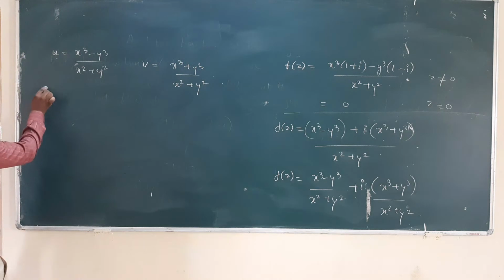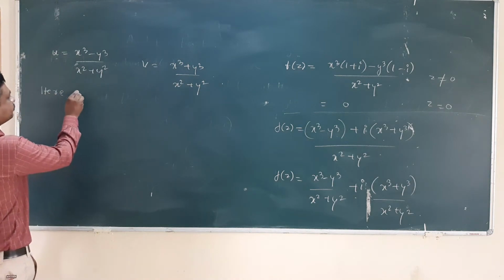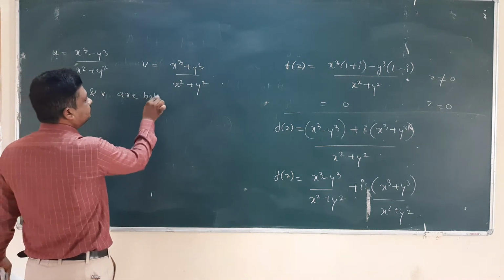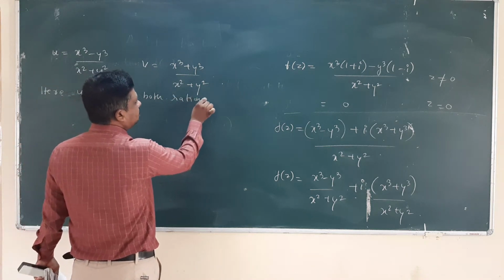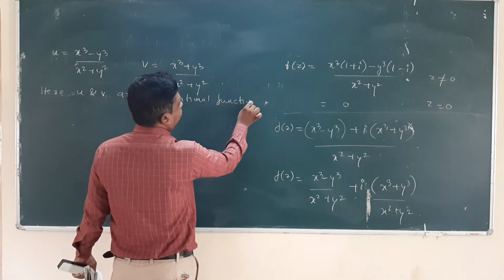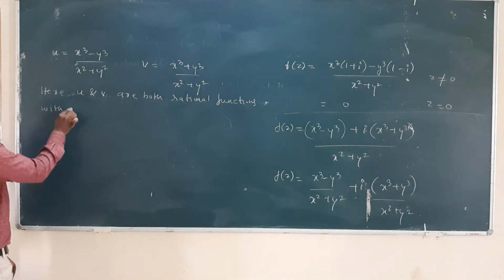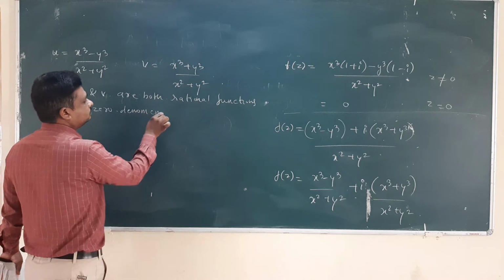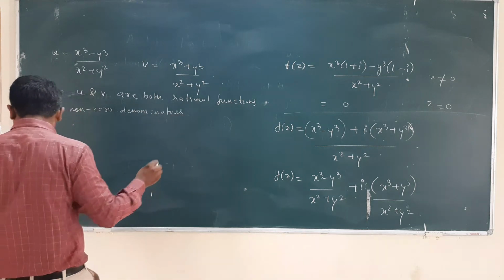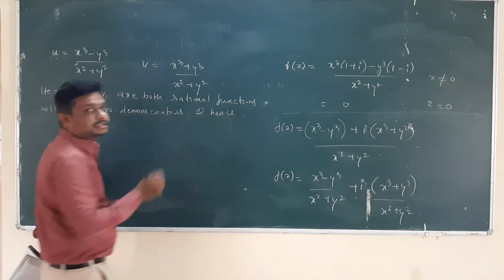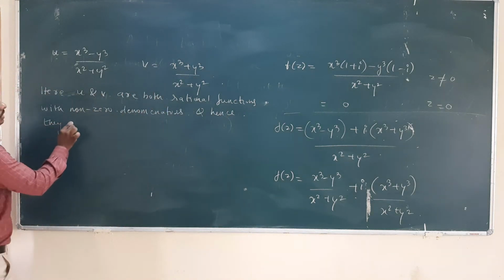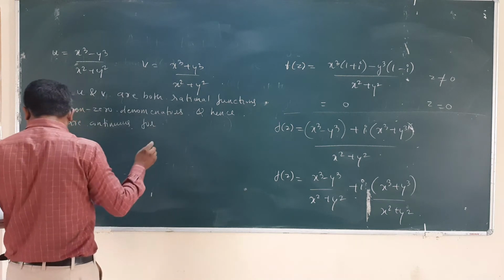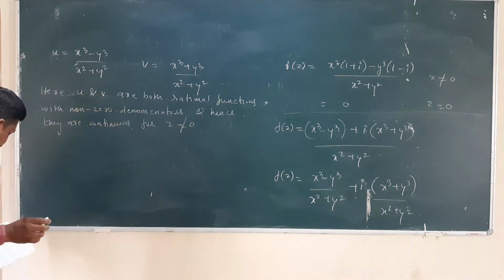Here I will write: u and v are both rational functions with non-zero denominator, and hence they are continuous for z not equal to 0.